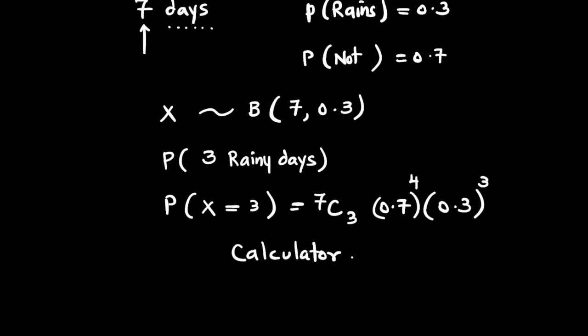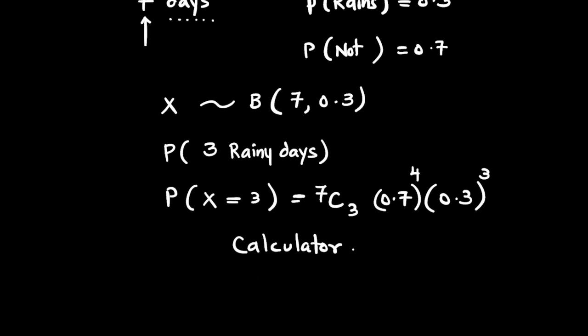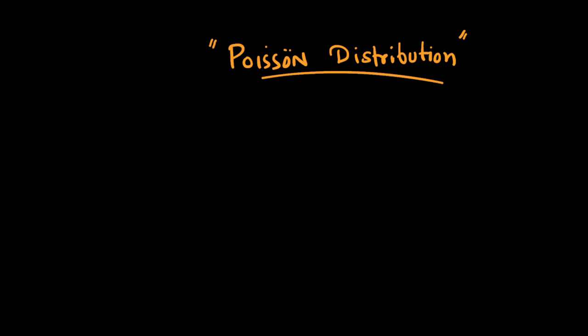Now this video is not about binomial, it's about Poisson distribution. So if I talk about Poisson distribution, what exactly are we talking about? Let me give you some examples out of which I'll be deriving the idea of Poisson distribution.